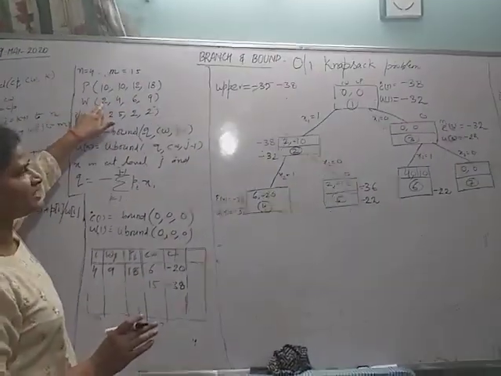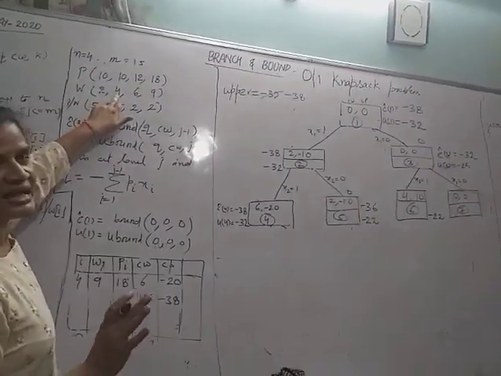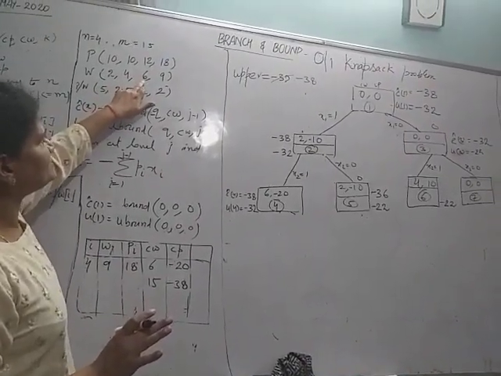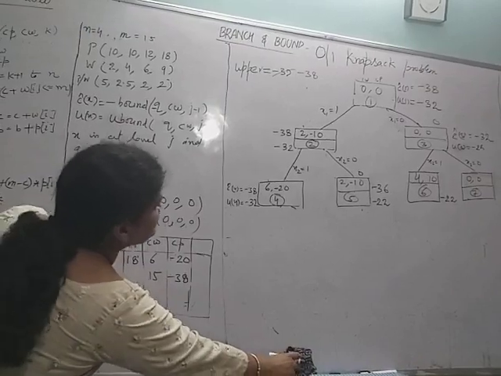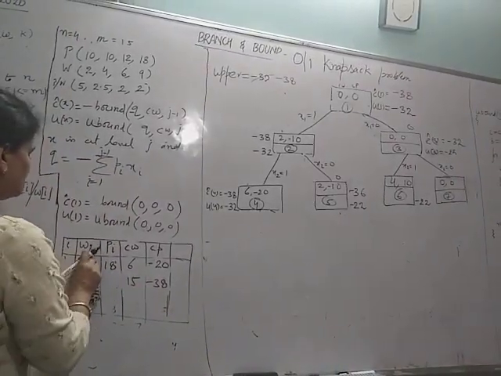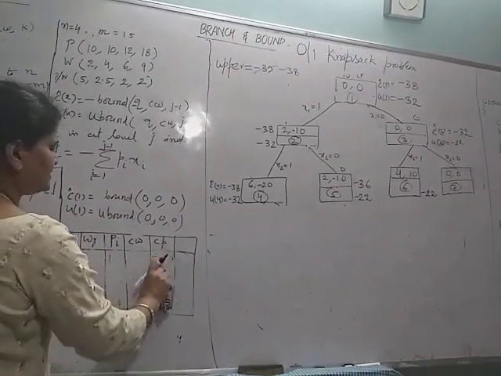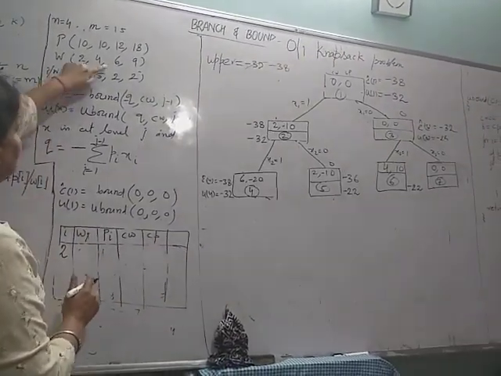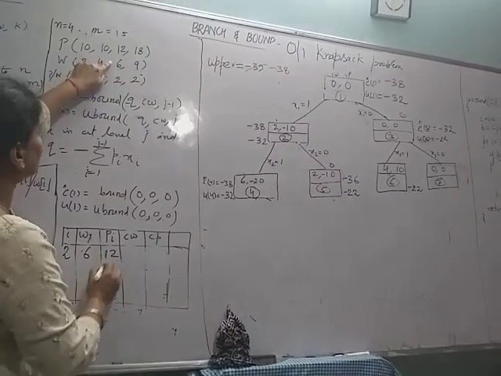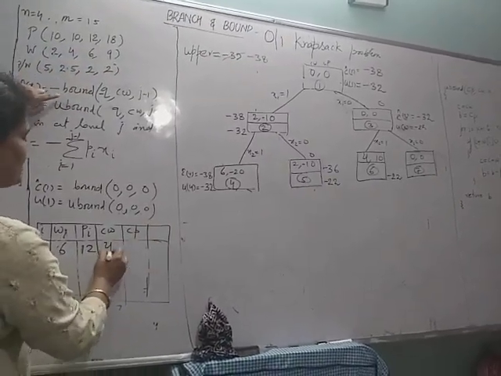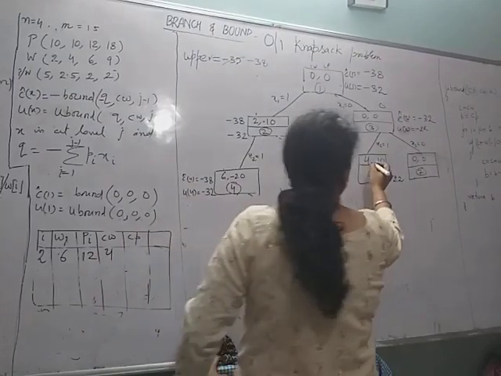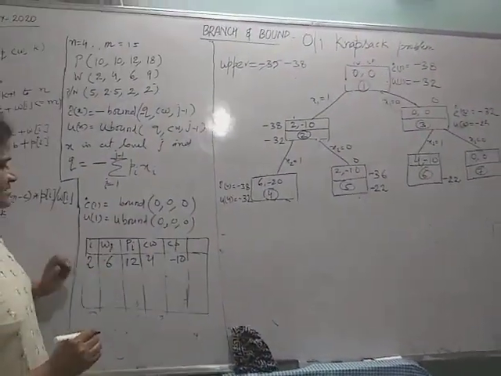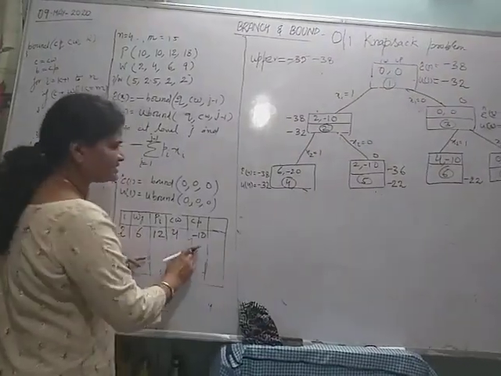The profit is what? The first object is excluded, the second is added, and from the third, at level 2: W2 is 6, P2 is 12, CW is 4, and CP is minus 10 as the first is added.